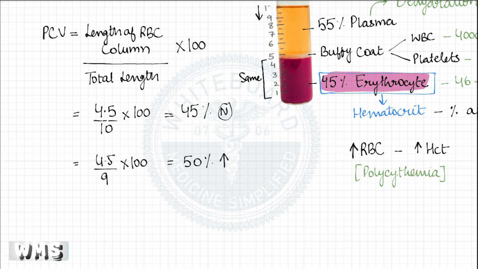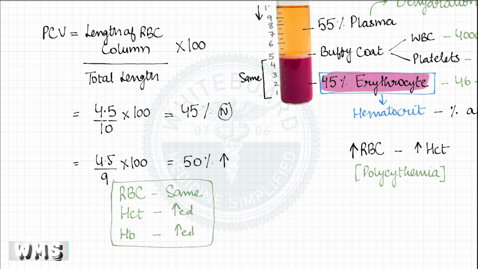So in the above case, the RBCs remain the same, the hematocrit increases, and hemoglobin is also increased. The actual amount of hemoglobin in the body doesn't increase, but because plasma is reduced, the measured hemoglobin concentration appears high. The RBC count may be slightly increased, a mild rise, because the blood sample is more concentrated.